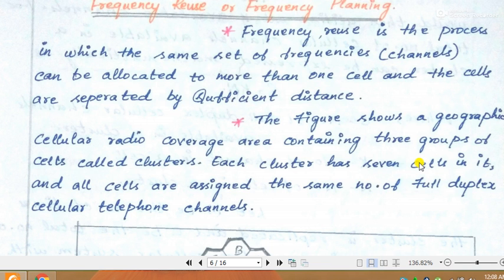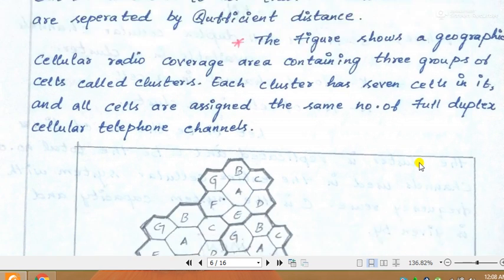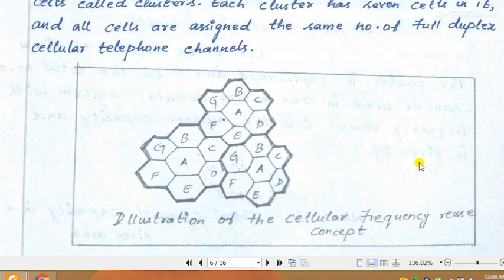Here, frequency reuse is the process in which the same set of frequencies can be allocated to more than one cell, and the cells are separated by a sufficient distance. The figure shows cluster 1, cluster 2, and cluster 3.